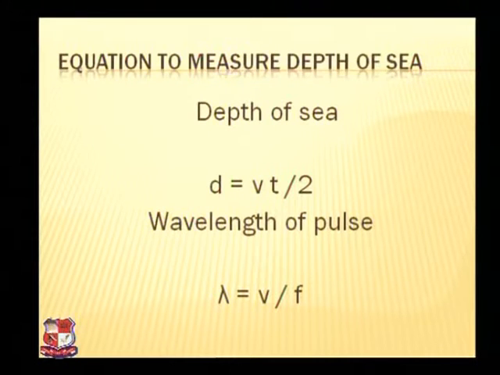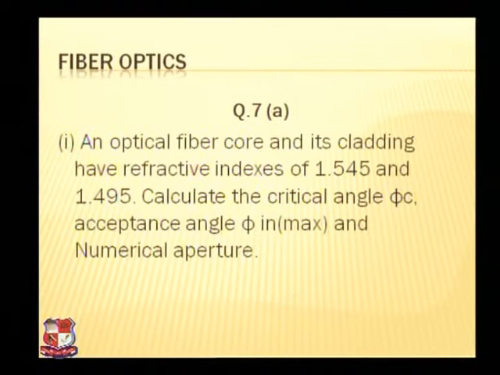Let us move forward to calculate the next numerical. This is also a question which is frequently asked in the exam. This question is related to fiber optics. Let us read the question.